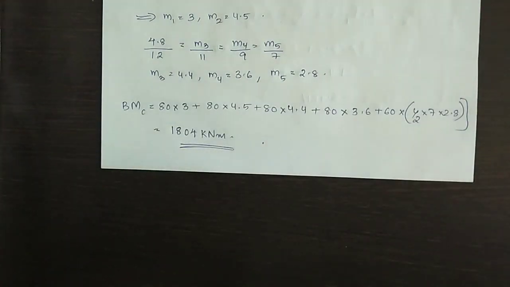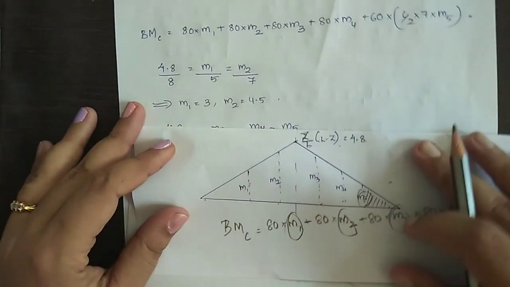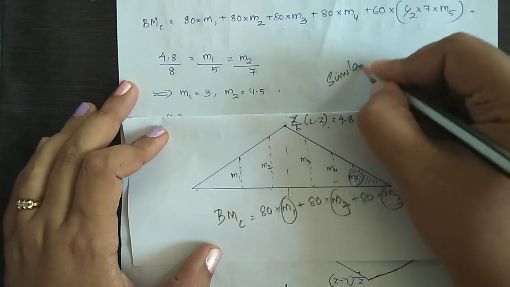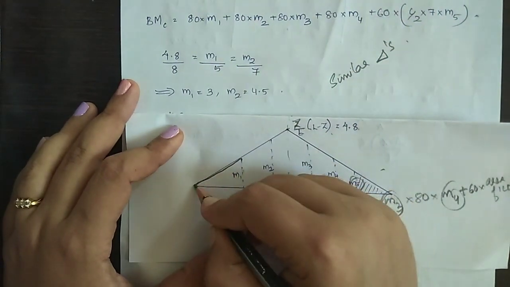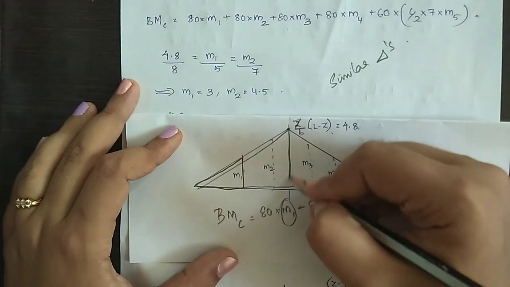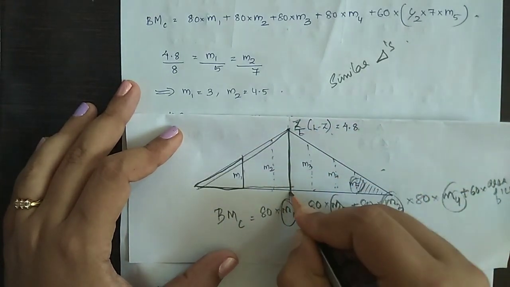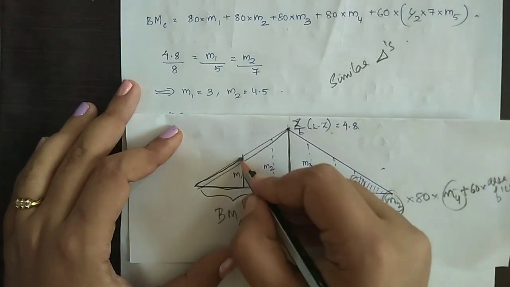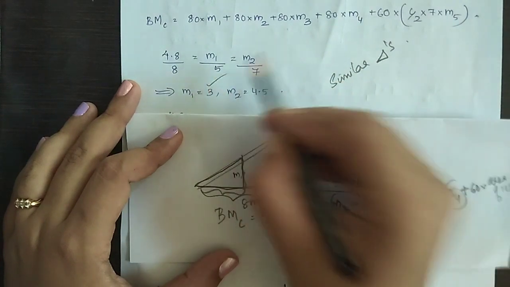Here we have to use the concept of similar triangles to find out the values of M1, M2, M3, M4 and M5. To find out M1, choose this small triangle and this big triangle. 4.8 upon 8 meter distance is equal to M1 upon 5, and M1 comes out to be 3.